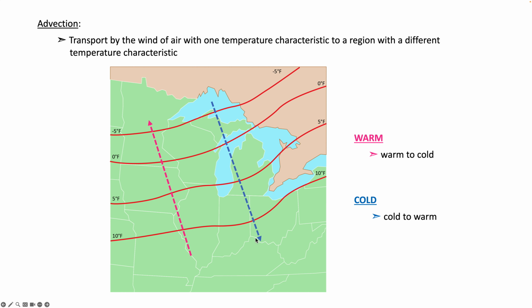If you assume that this arrow indicates the wind direction, so basically north to south, now what you see is that this north wind is transporting cold air from north to south. And again, this is not a surprise. North winds typically transport colder air from the north to warmer regions located in the south.